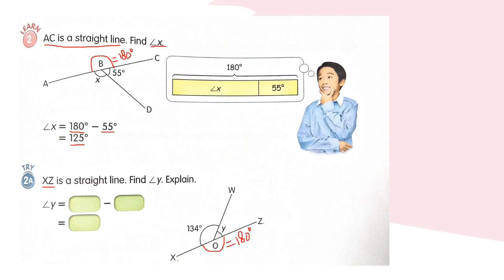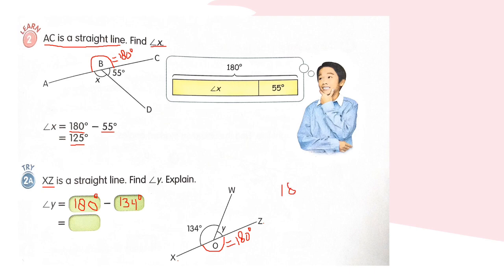Jadi, ingat, kalian kurangkan total sudut pada garis lurus. Okay. Minus with the known angles. Kurangi dengan sudut yang diketahui. Okay. So it's 134 degrees here. So what is the answer?